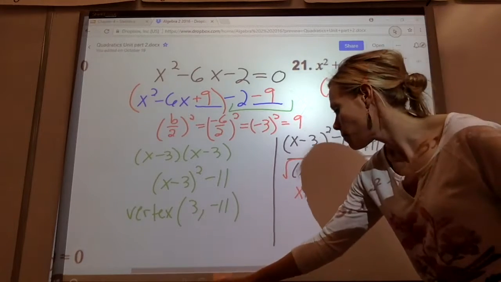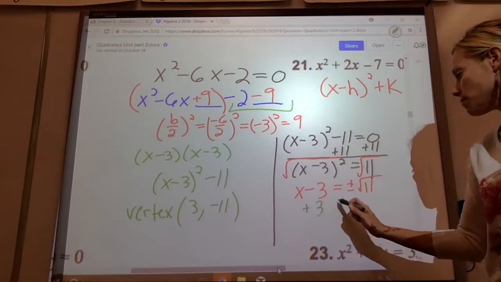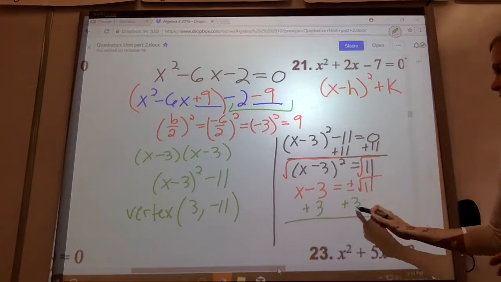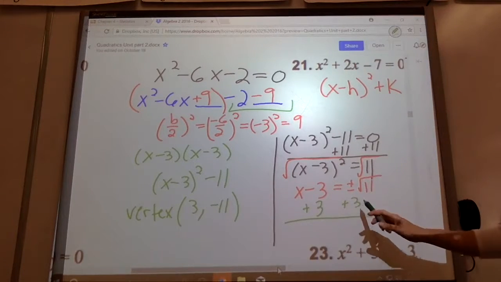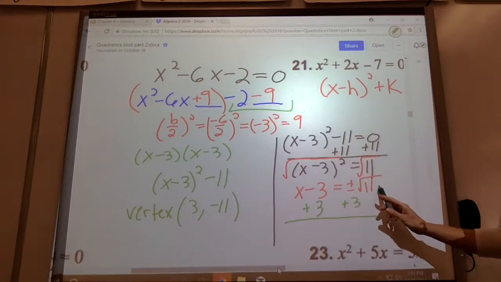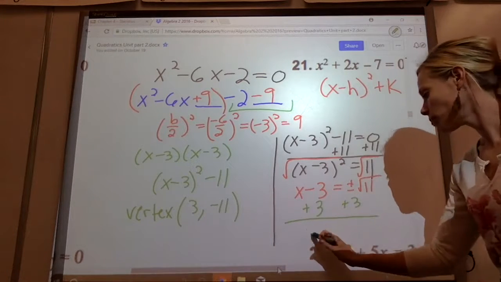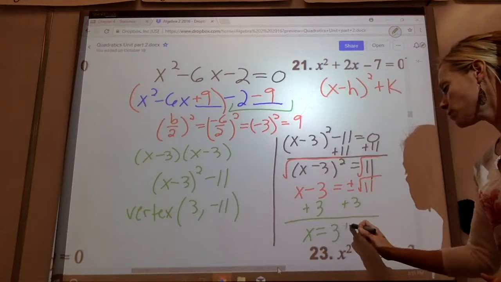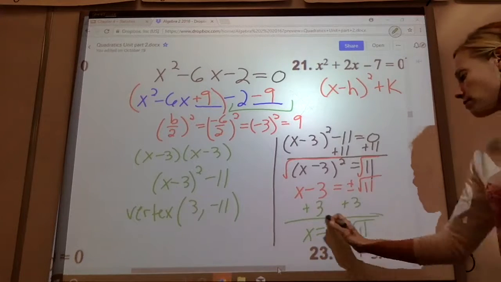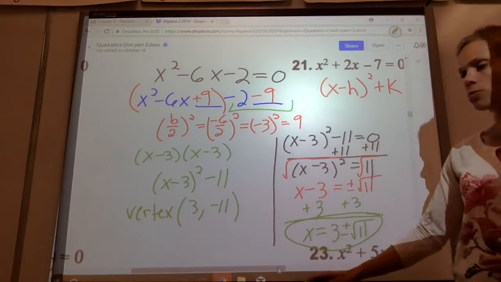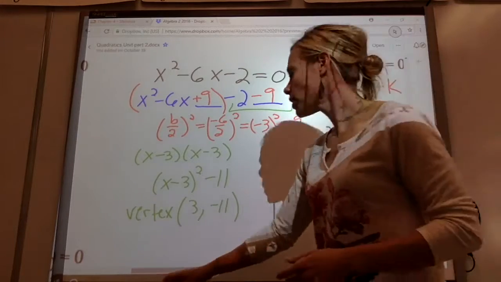So my last step would just be to add the 3. Can't combine those, they're not like terms. This is a nice integer, that's an irrational number. So it would be x equals 3 plus or minus the square root of 11. Those would be my two roots. So what am I looking at?